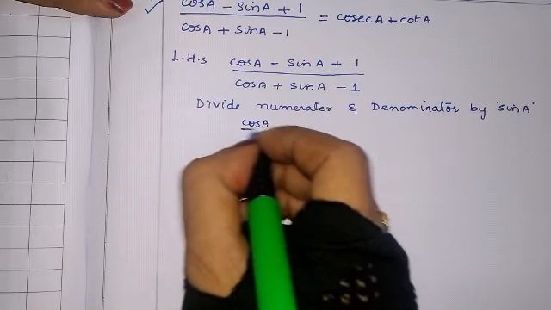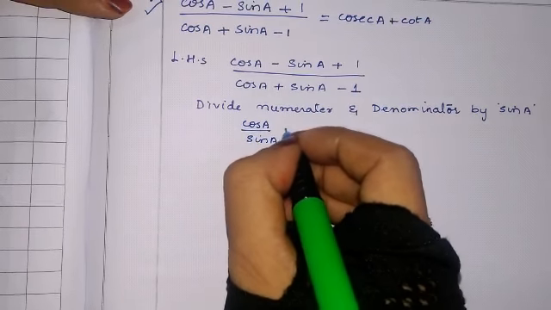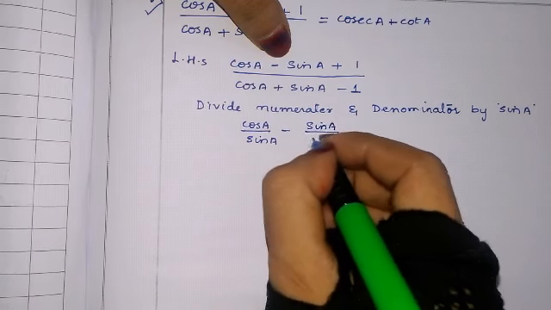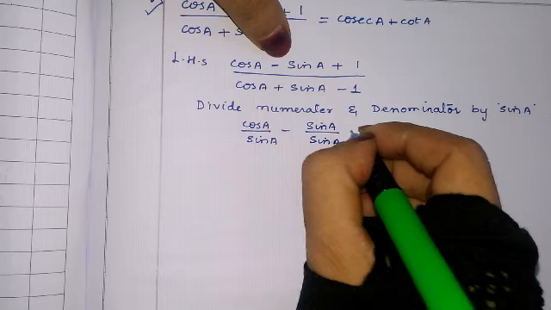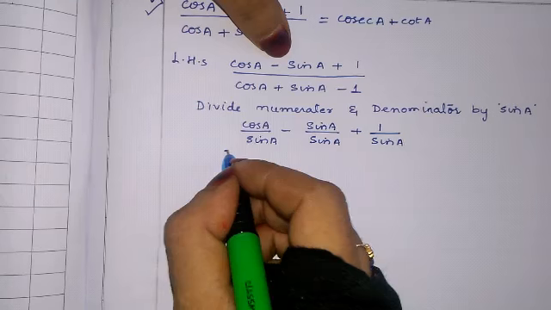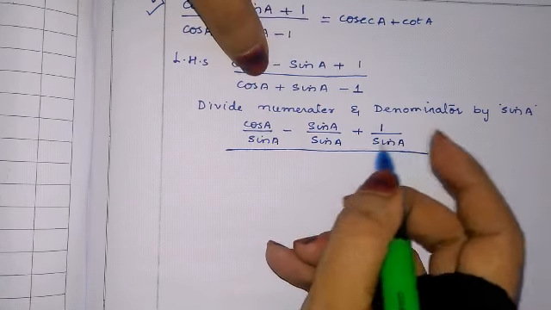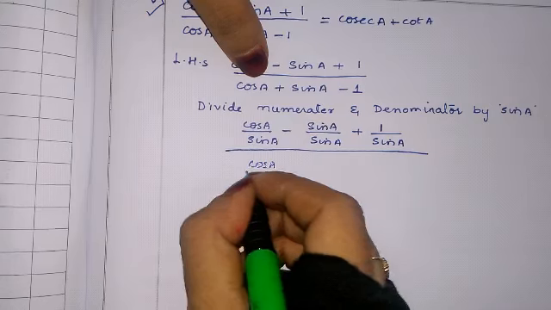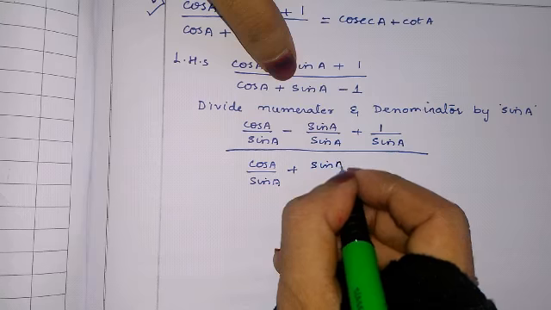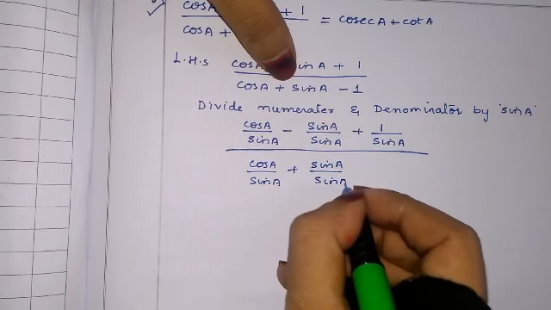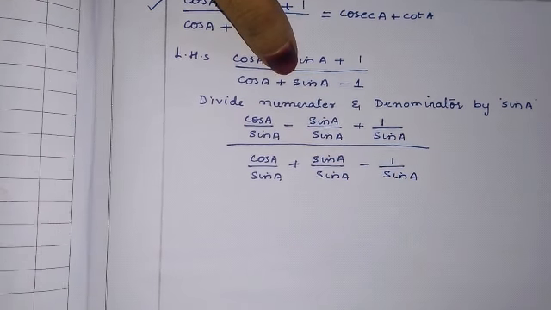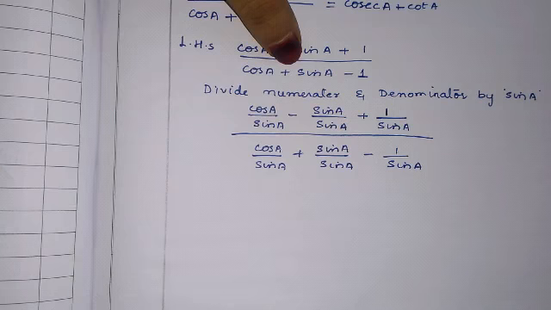Cos A by sin A, whole numerator. This minus sign I am keeping as it is. Sin A by sin A plus 1 by sin A. To bring the answer, we are dividing the numerator and denominator by sin A. Cos A by sin A plus sin A by sin A minus 1 by sin A. The whole thing we have divided, numerator and denominator, by sin A.